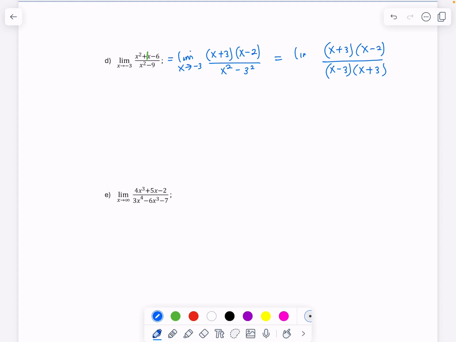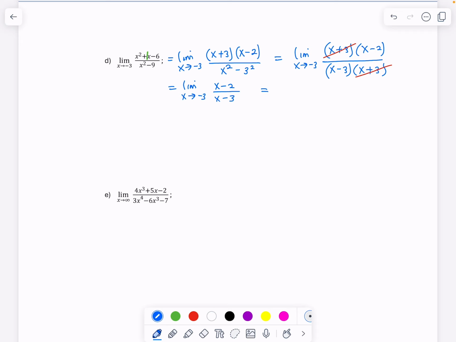So this is the limit as x approaches -3. Now I can observe that x plus 3 in the numerator can cancel out x plus 3 in the denominator. I'm going to be left with x minus 2 in the numerator and x minus 3 in the denominator, as x approaches -3.